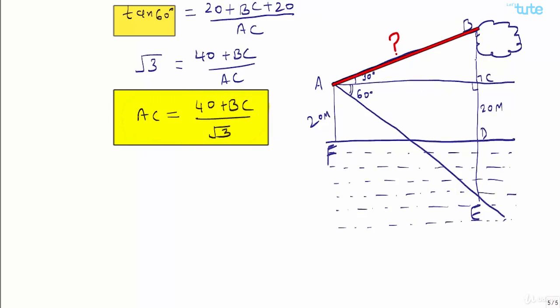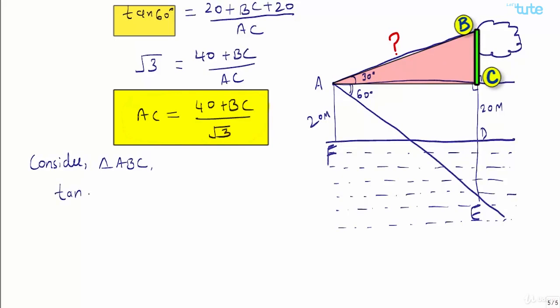So again we will look at this diagram, and if we remember, we have to find out the distance AB. So look at this right angle triangle ABC. Here we have the information about one angle and we have one side AC in terms of side BC. So let's consider the right angle triangle ABC. Now our task is to find out the side BC. So again we will use tan for the angle 30 degrees, which is equal to the ratio of opposite side, BC, and adjacent side, AC.